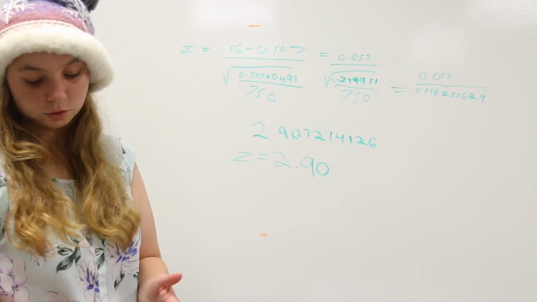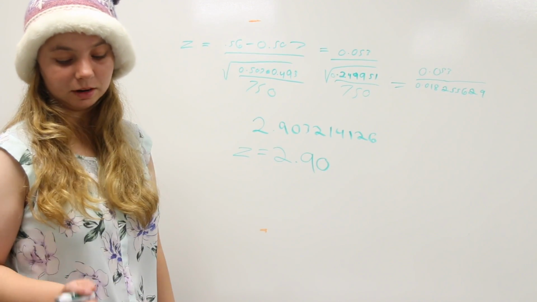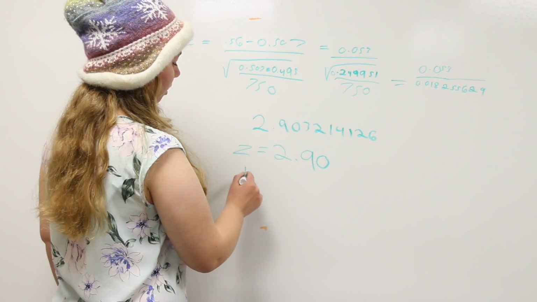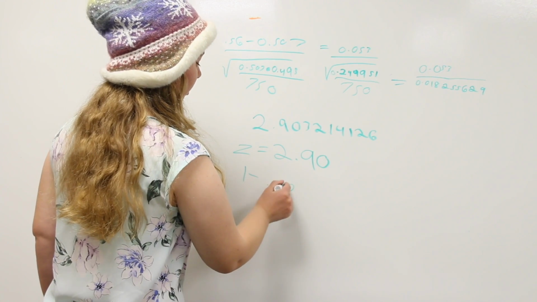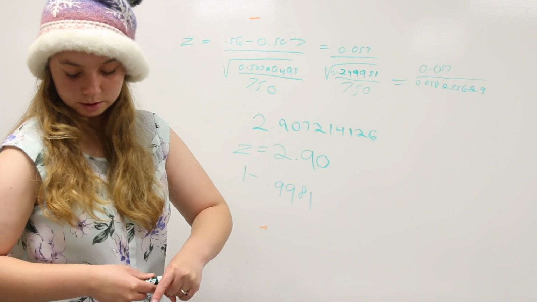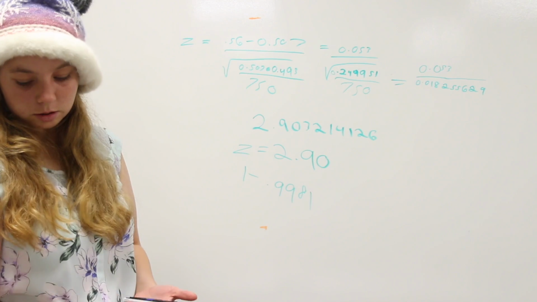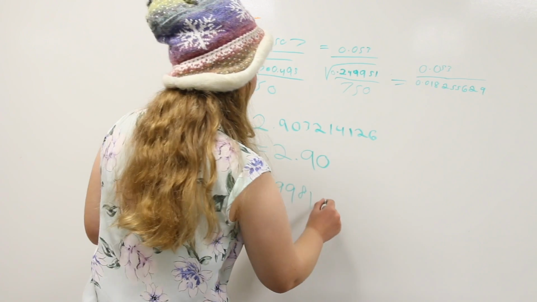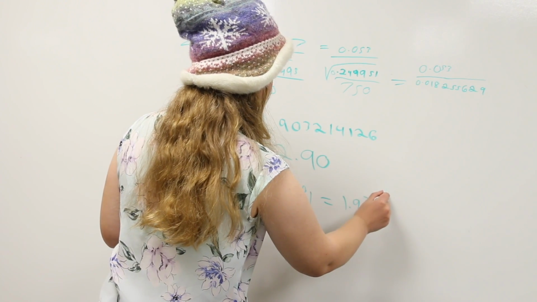Since the z score is positive, we calculate 1 minus the area to the left. So for us, that'd be 1 minus 0.9981. And that will equal 1.9 times 10 to the negative 3.